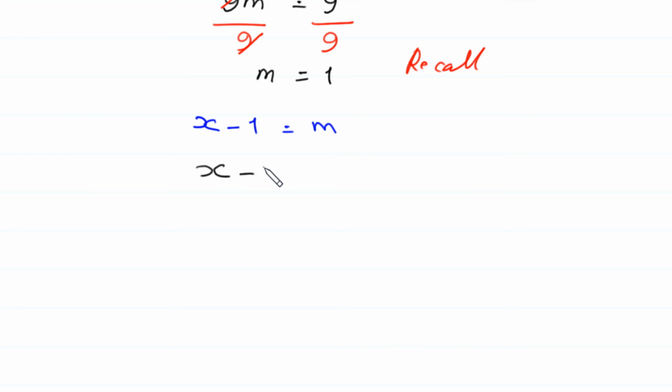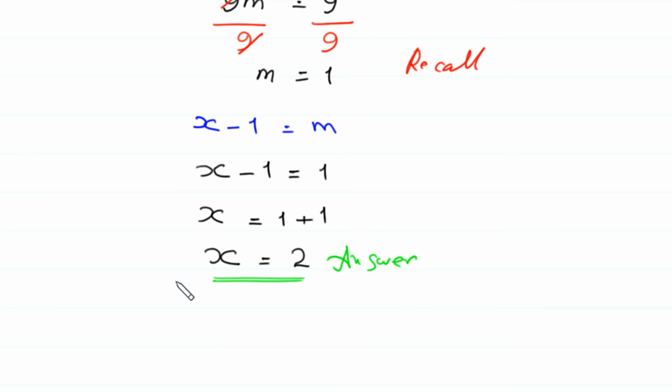X minus 1 is equal to, value of m is 1, and x minus 1 is equal to 1. This negative 1 becomes plus 1 at right side. X is equal to 1 plus 1, 2. This is the value of x, this is the final answer.